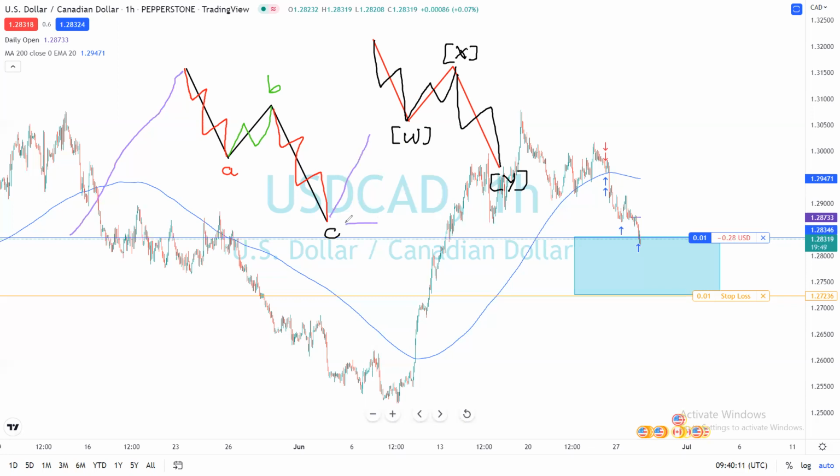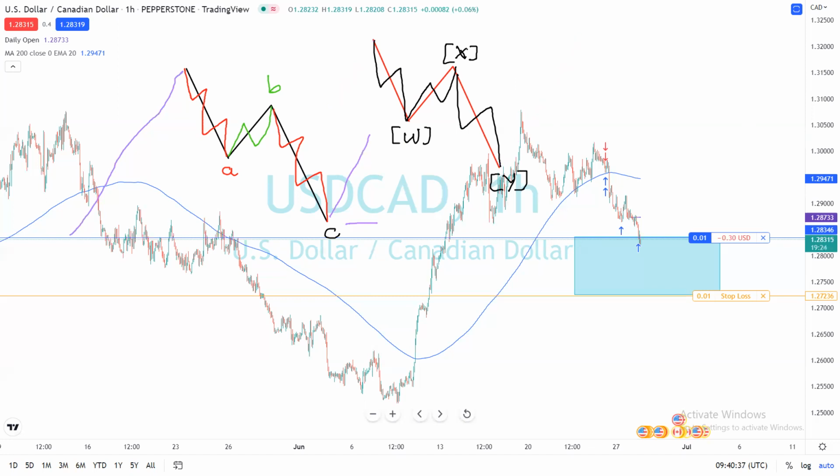So this would be a very good position to position yourself for a trade to the upside or to trade with the trend. The same with the WXY. If we have an impulse and then this correction, we are supposed to expect another impulse here. So we can really use this to time our trades and to make better trades.